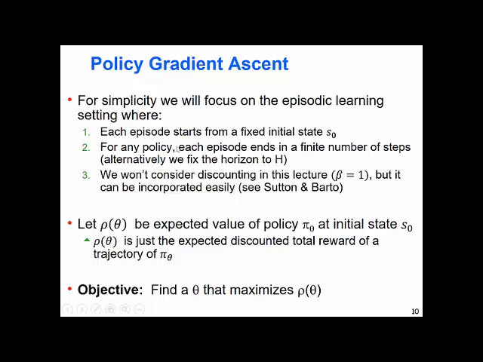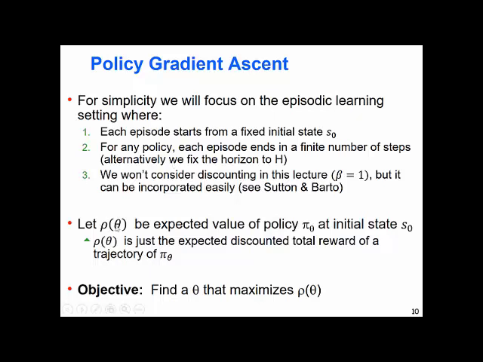Then for each episode, we're going to run it for a finite number of steps, and you'll terminate after that number of steps. This is just for mathematical convenience in writing things down in our notation. And we're not going to consider any discounting, but it's very easily incorporated. It's easier just to not have to worry about that.